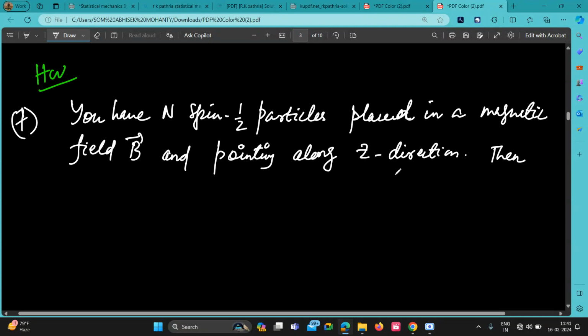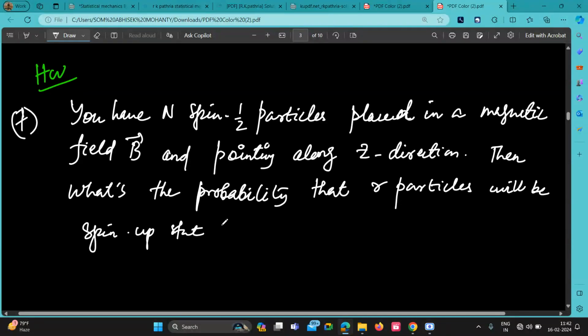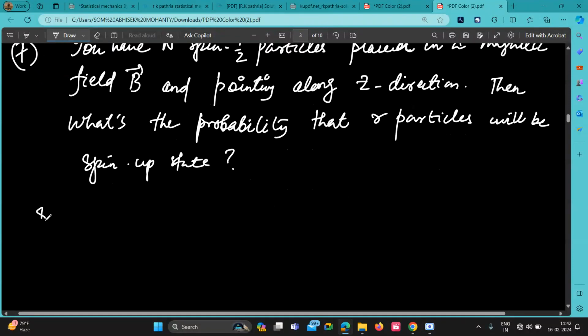Then what is the probability that a particle will be in the spin up state? Question number 8.